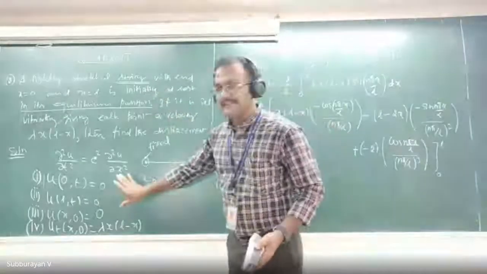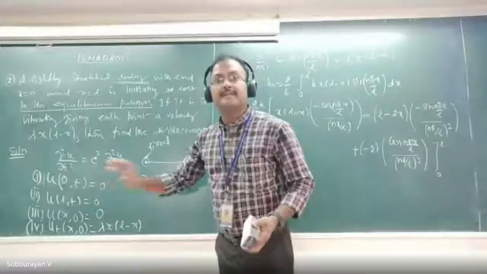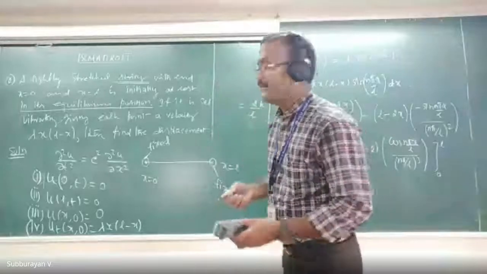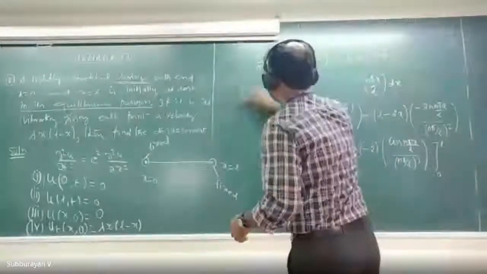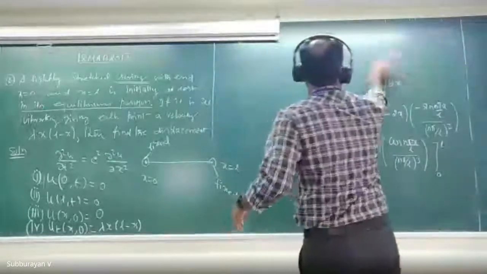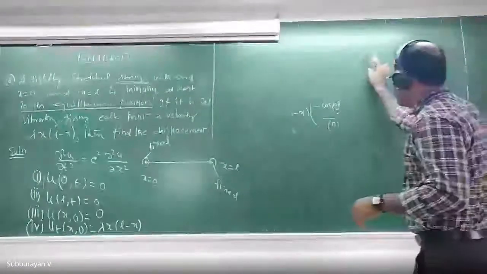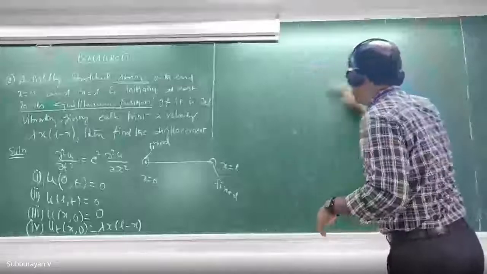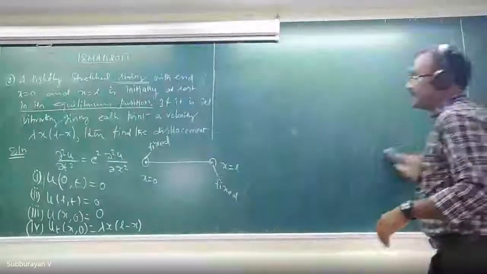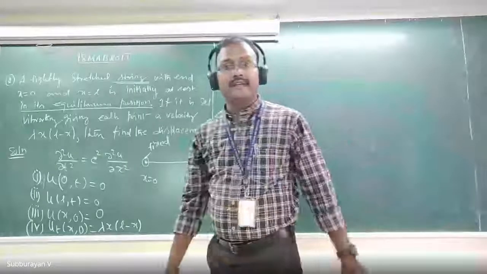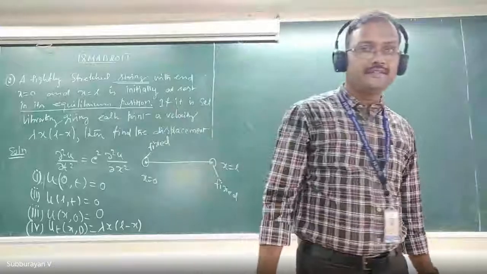This is the first step: we have to identify the mathematical problem for the given physical statement. Then, since this is the string problem, the suitable solution is a cos lambda x plus b sin lambda x into c cos lambda ct plus d sin lambda ct.